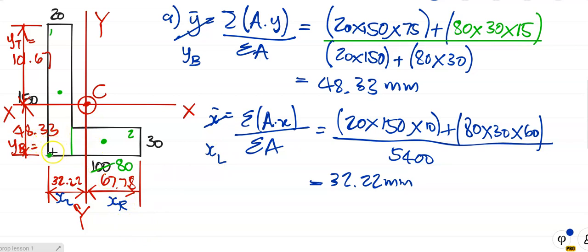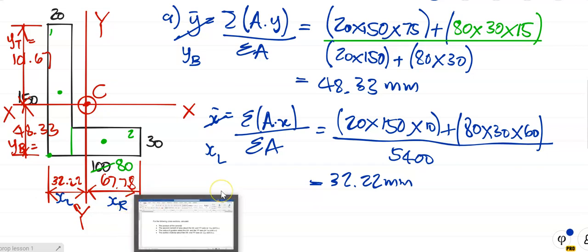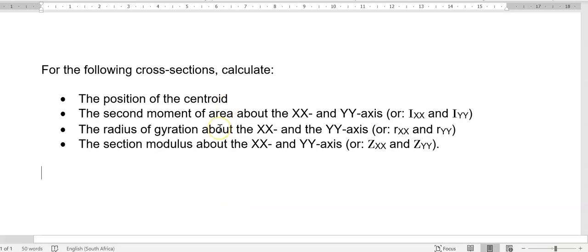Y bottom is the distance from that point up to the x axis, and y top is the distance from the x axis to the topmost fiber. X left is the distance from the y axis to the leftmost fiber, and x right is the distance from the y axis to the rightmost fiber. If I flash back to the question, we've determined the position of the centroid. So that's how we do that.